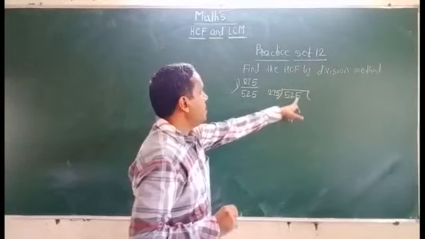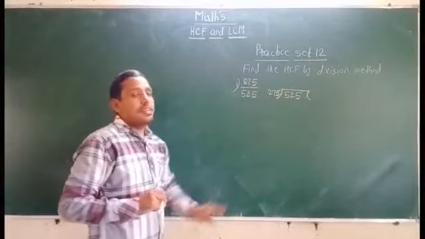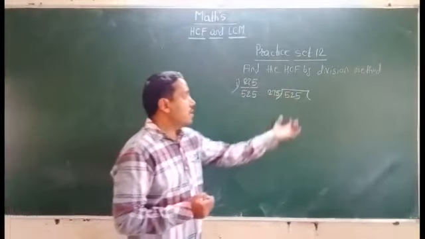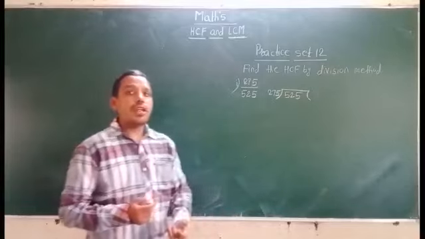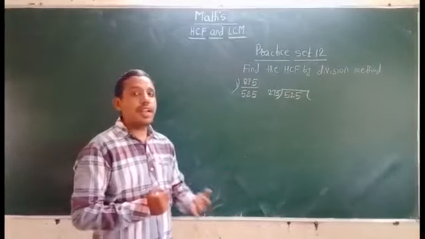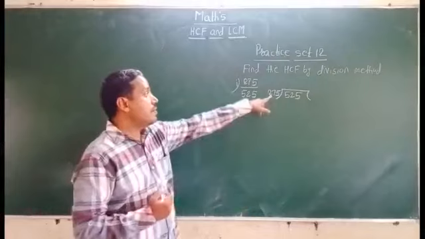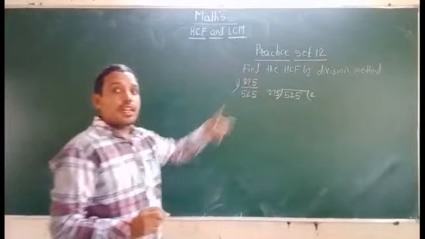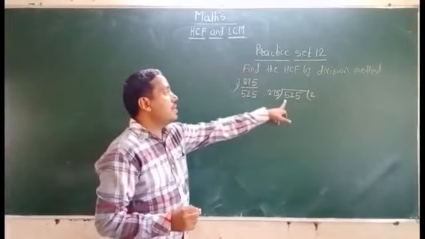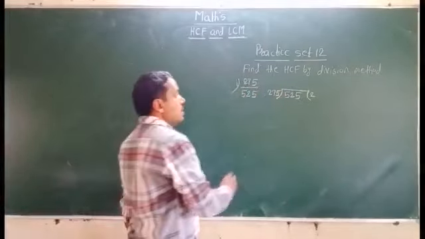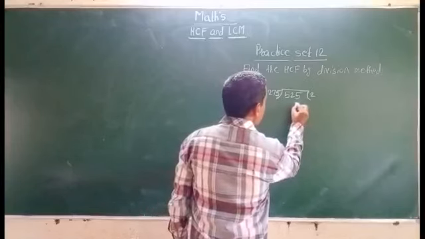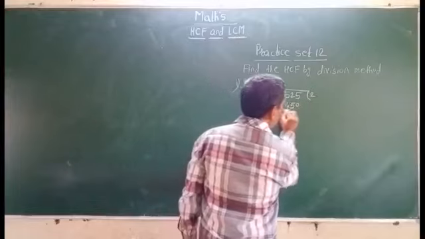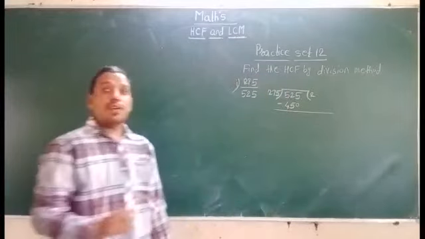So 525 is divided by 275. In a row of 275, we get the number 525 or less than 525. When we multiply 275 by 2, we get a number less than 525, which is 450.